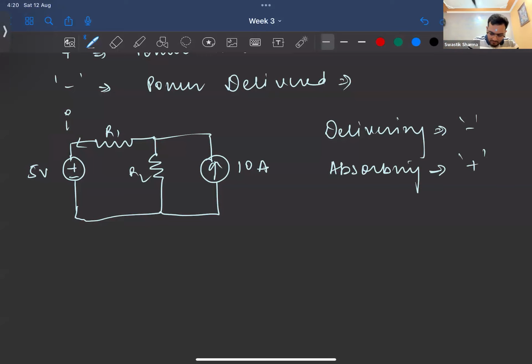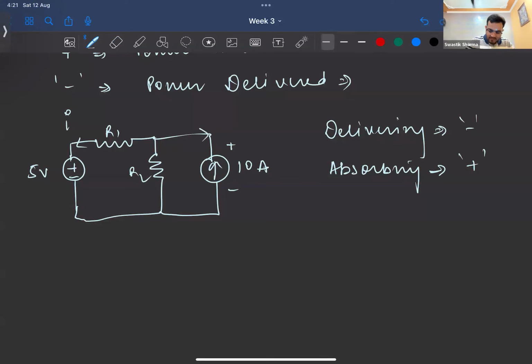And the same for this current source case. Let's say the voltage comes out to be like this, plus and minus, right? So the current is emanating from which side now? The positive side. So what is it doing? Positive means it is delivering. It's coming out from the positive terminal of the current source.